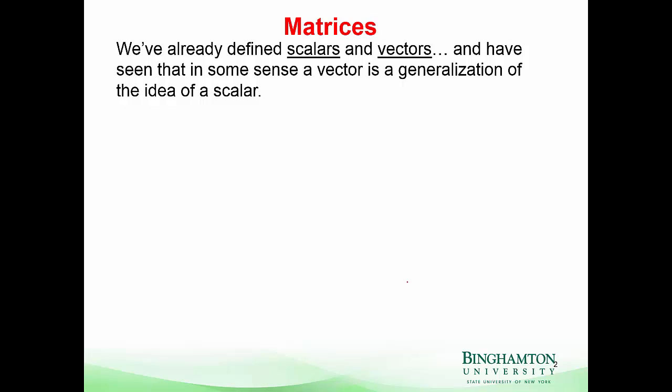Okay, so matrices. Well, we've already seen scalars, we've seen vectors, and a vector you can think of as a stack of scalars, and you can think of a matrix as a stack of vectors, although we'll stack the column vectors next to each other rather than stacking scalars on top of each other.